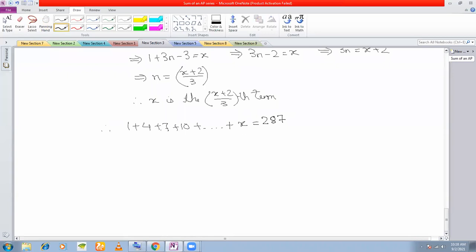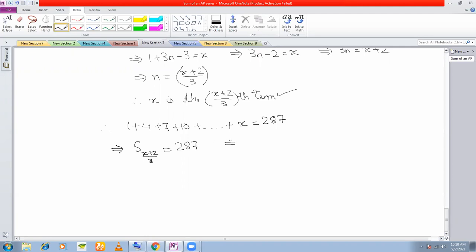Okay. How many terms are there on the left hand side? On this side, you have (x plus 2) by 3 terms. So that means this sum we have to do till (x plus 2) by 3 terms, right? Use the formula, is equal to 287.